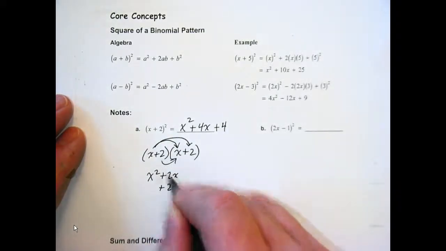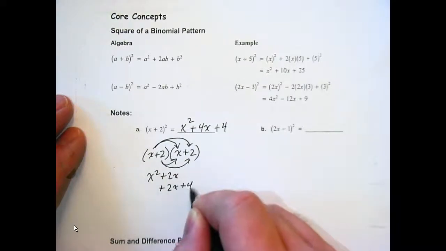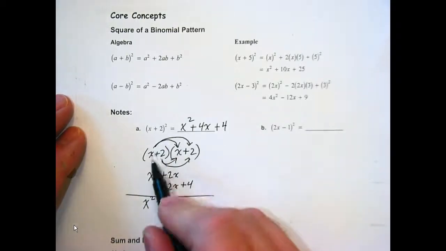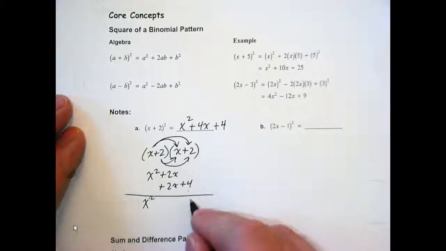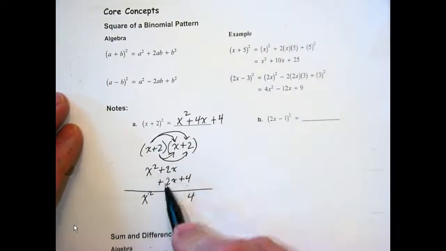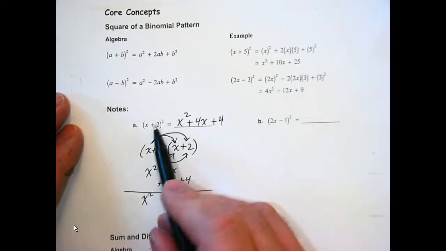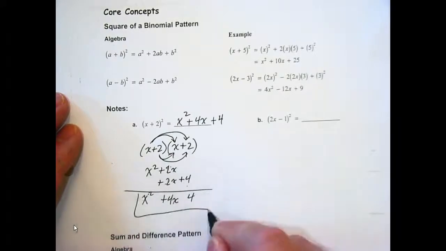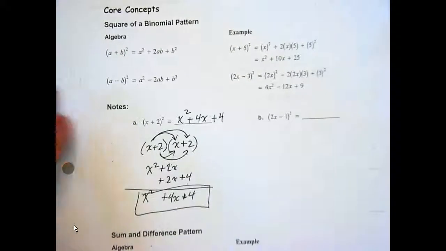It's just time. But note, there's where your front term squared comes from. There's where your back term squared comes from. And then look, you have 2 of those. That's why you multiply them together and double it. You can go through that same process if you forget.